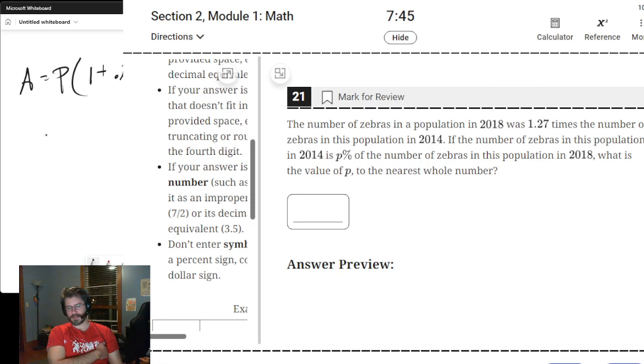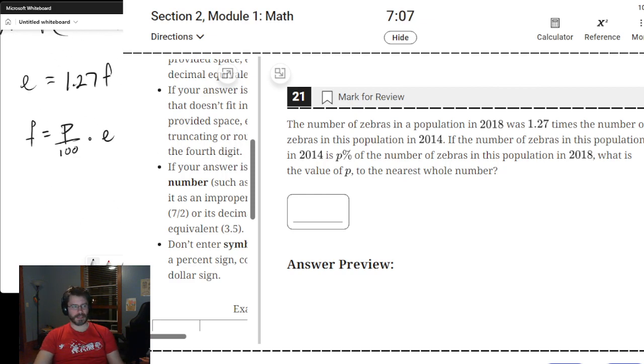Okay, so the 2018 population, I'm going to use E for 2018 because 8 begins with an E, is 1.27 times 2014. I'll use F for 14. P%, so population in 2014 is P%. So the 2014 is P% means P over 100 of E. What is the value of P? Okay. So we're going to just plug that right in for our E value.